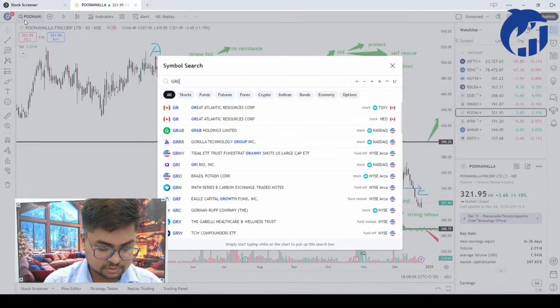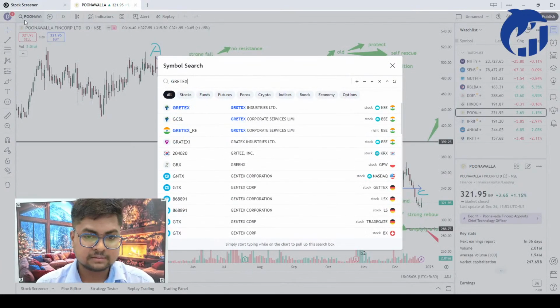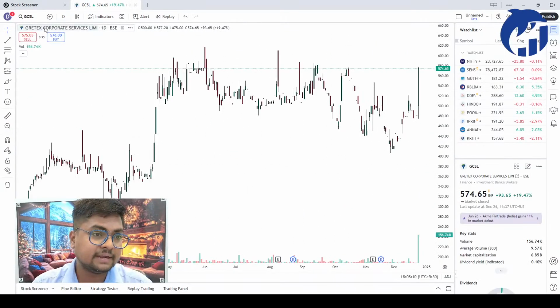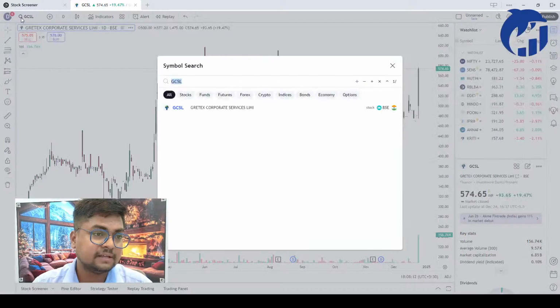So I will go through the stock Greatex Corporate Services Limited. Just have a look, Greatex Corporate Services Limited, which is listed.